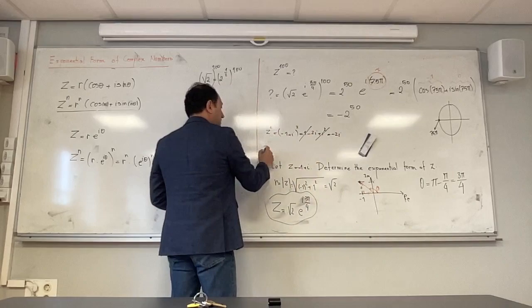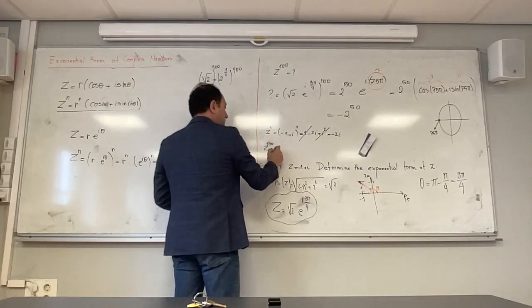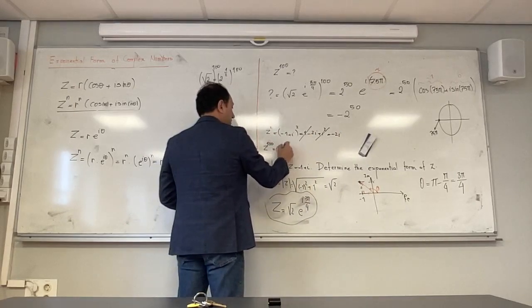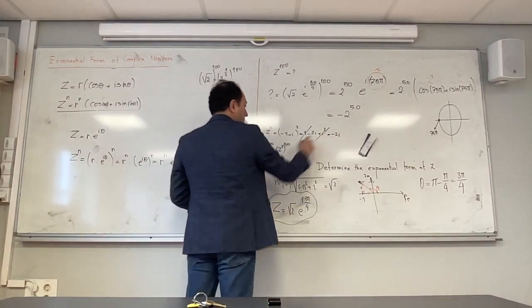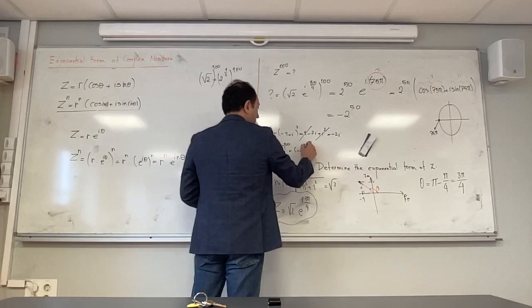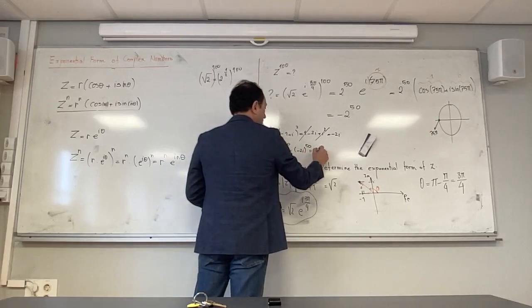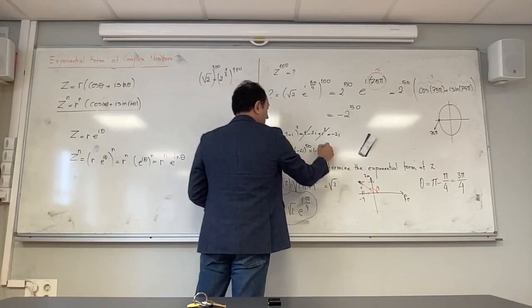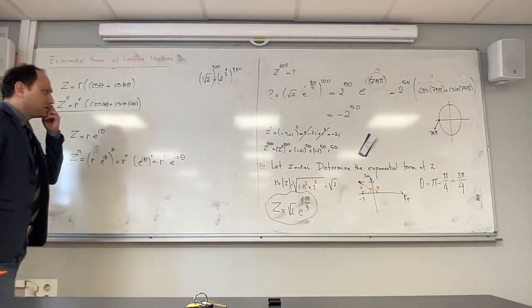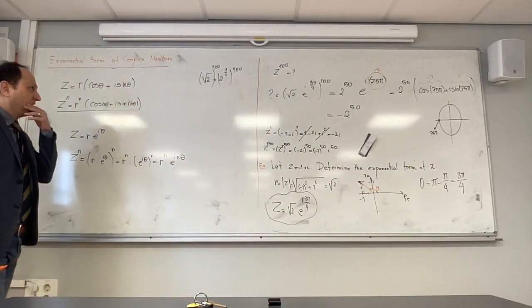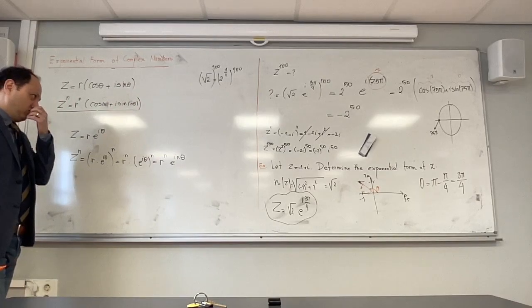But my goal is to calculate z to the 100th, so this becomes z to the power of 2 to the power of 50. But z to the power of 2 is -2i, to the power of 50, so it's -2 to the power of 50, i to the power of 50. But that's very strange, this is not working. Is it? What is i to power 50?